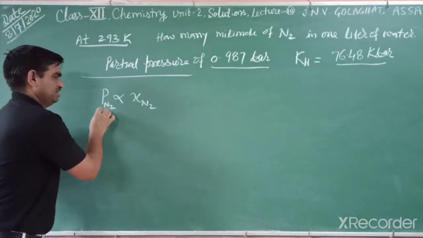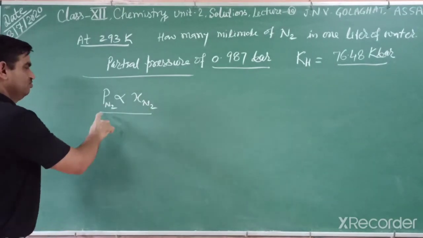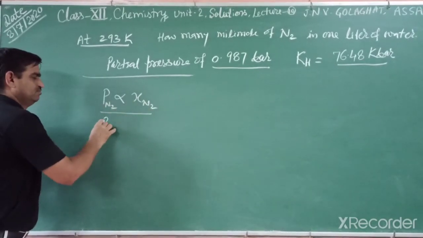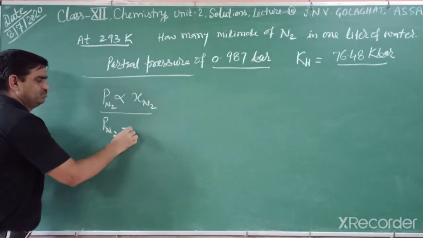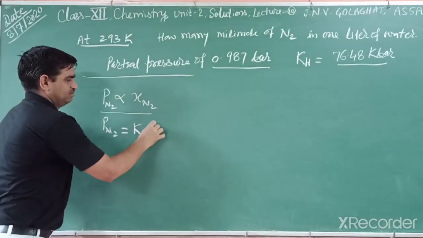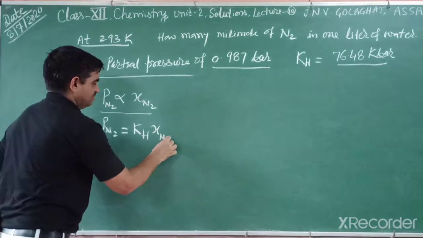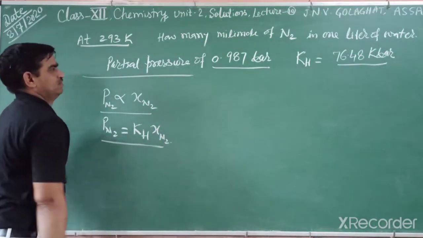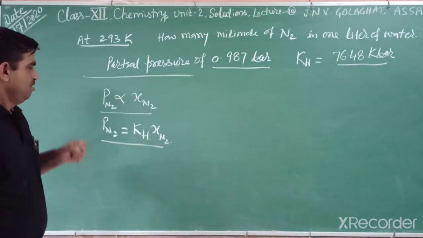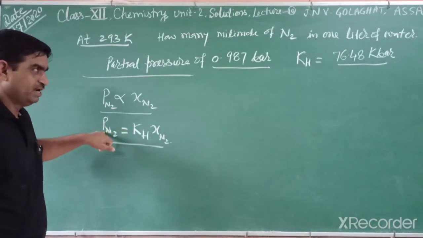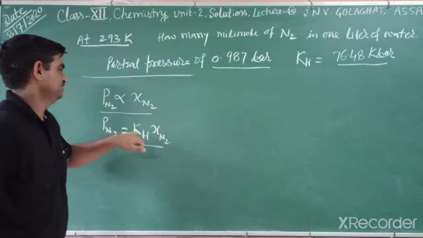First you must know what Henry's law is. So partial pressure of nitrogen is equal to K times the mole fraction of nitrogen. Two values are given, the partial pressure and the Henry's law constant.